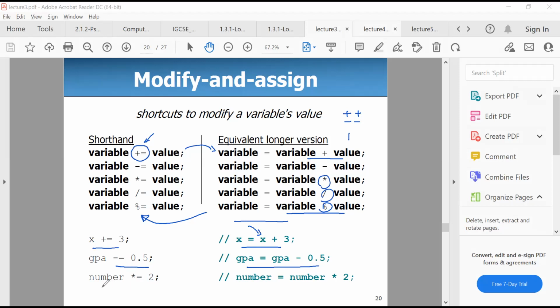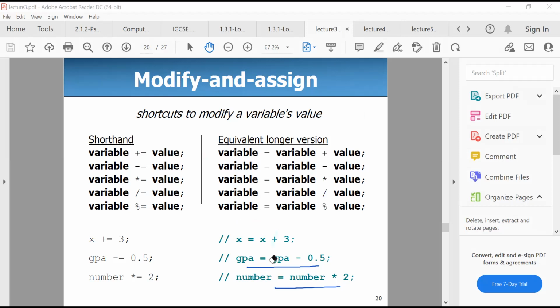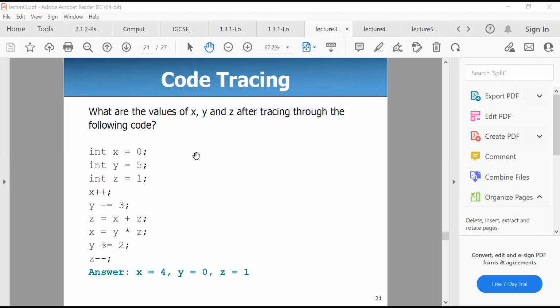If we want to multiply a number by 2, we can just do it this way. Okay, good. Is it clear? It's clear, but it's heavy. Is it heavy? It's okay. Just a bit not used to it. So take a while. Okay.